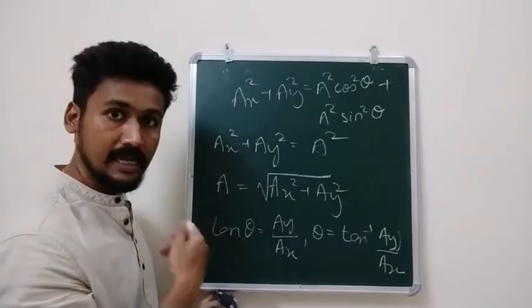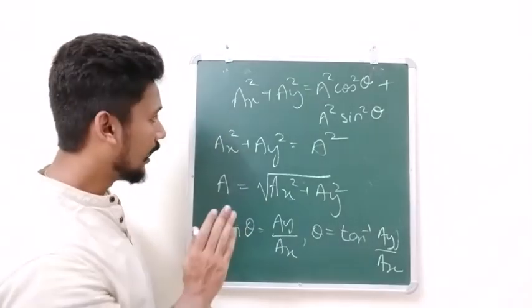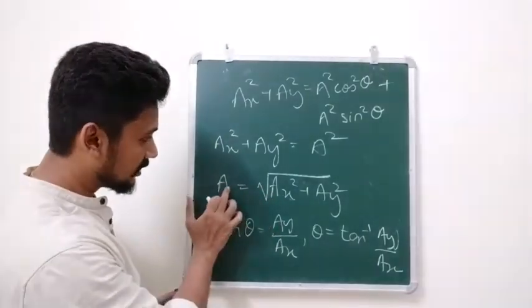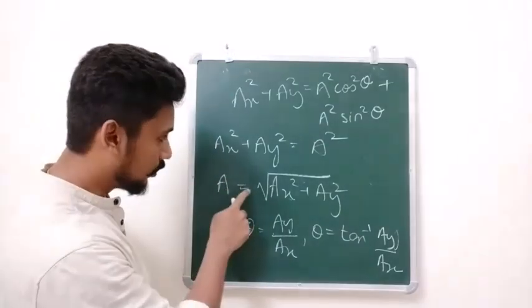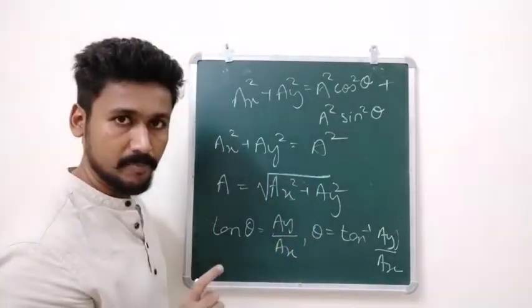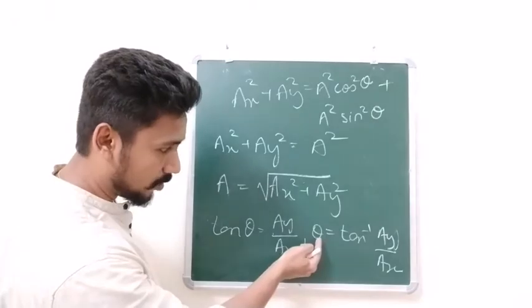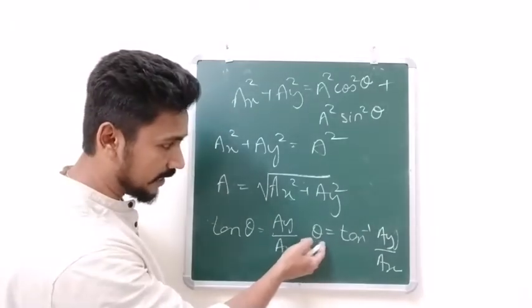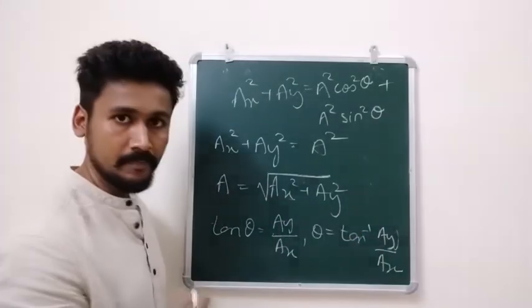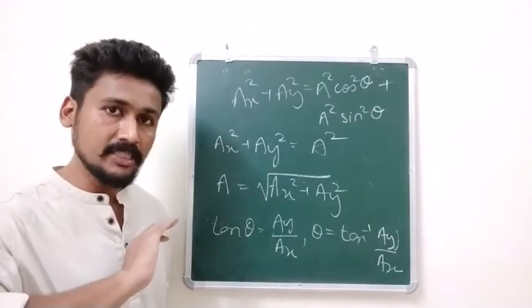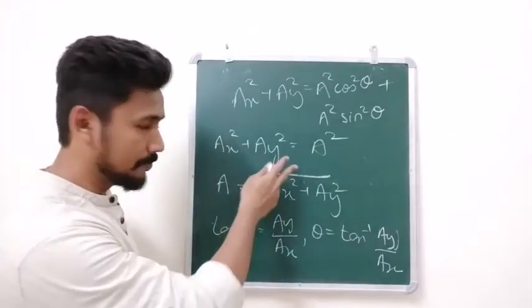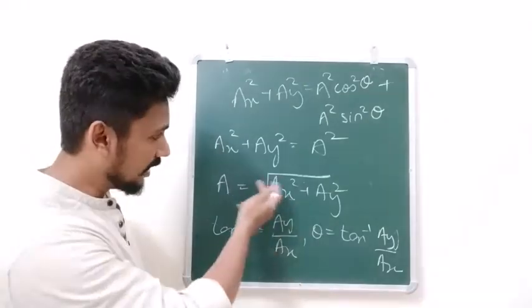So you can find the angle as well. So these two formulas, that is the formula for magnitude, A equal to under root AX square plus AY square, this you have to remember, and the formula for angle. What is the formula for angle? Tan inverse of AY upon AX. So basically you can resolve any vector into these two components, AX and AY, and you can get their values very easily.